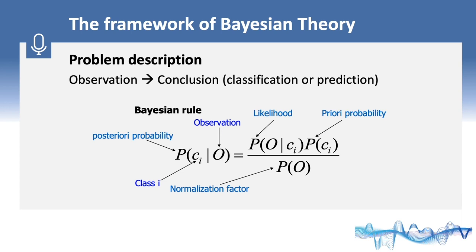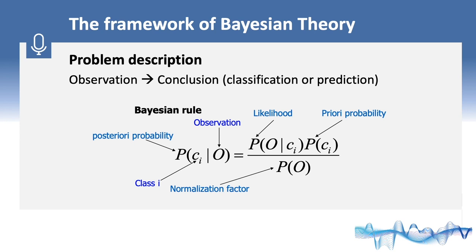For example, in the classification problem, the posterior probability is the probability of the ith class under the observation O. Before using Bayes' rule, the prior probability of the ith class should be given first.